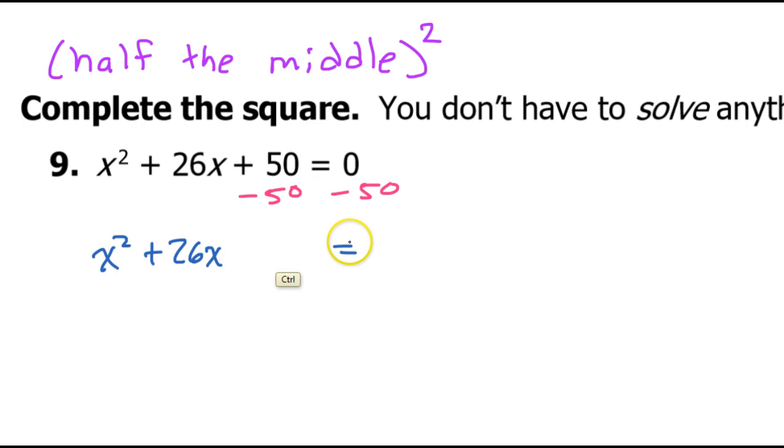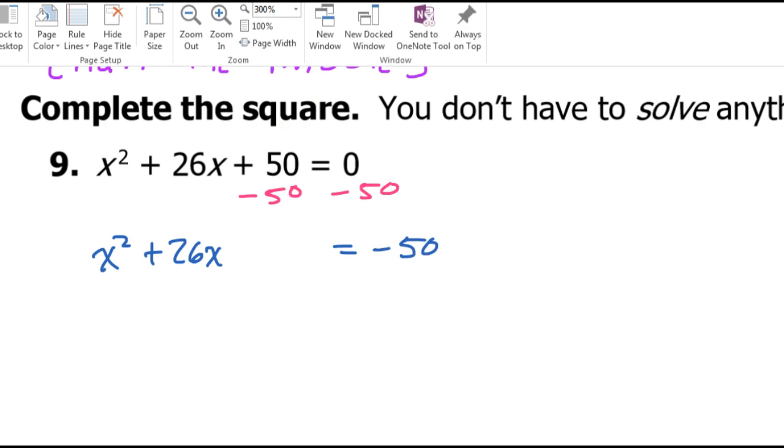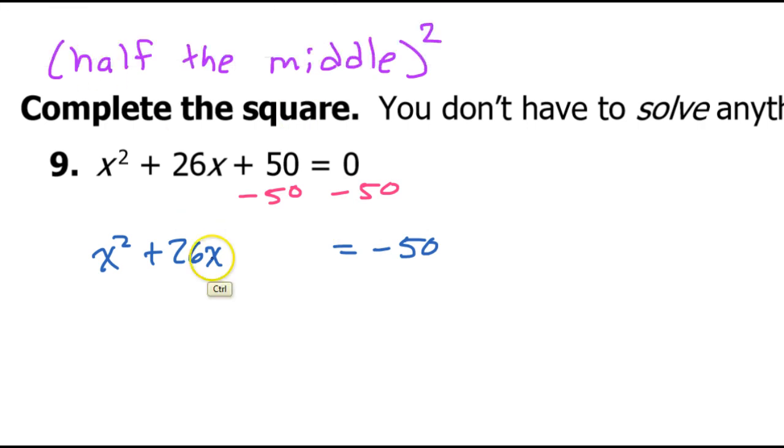Leave a space here, and that's equal to negative 50. Okay, now is when we complete the square. We're going to do half the middle squared. Half of this is 13. 13 squared is 169. Okay, so that's why I'm going to put plus 169.